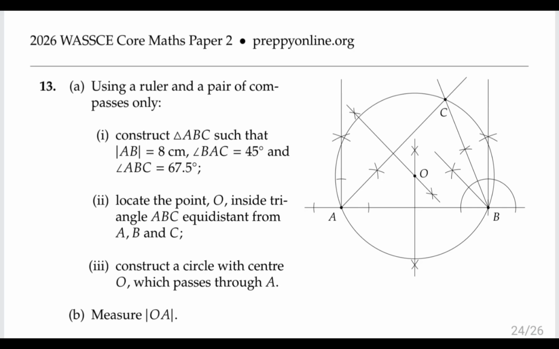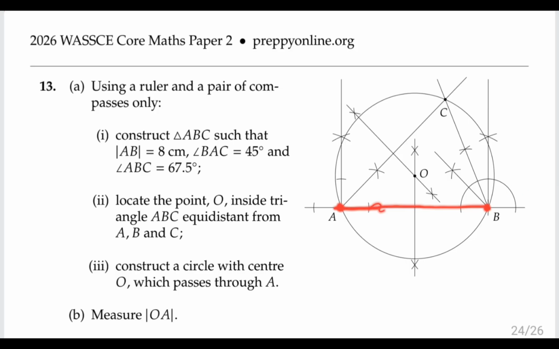A, B, and C. The idea here is that if we know that the locus of points that are equidistant from the two ends of a line segment, or 2 points, is the perpendicular bisector of the line segment.